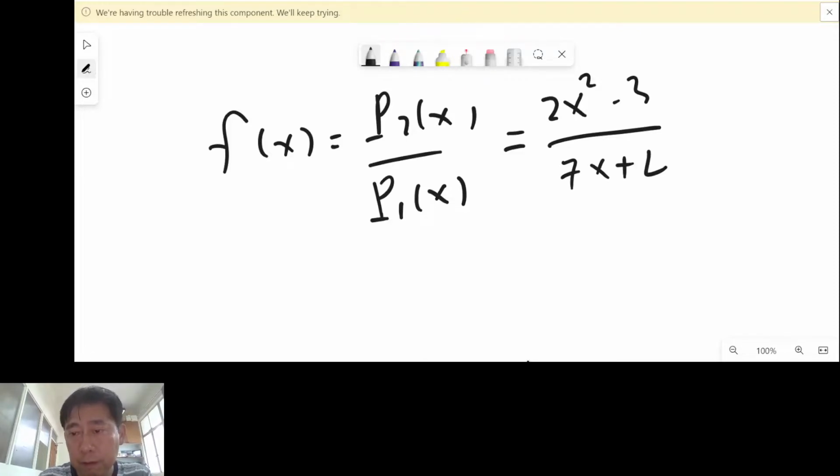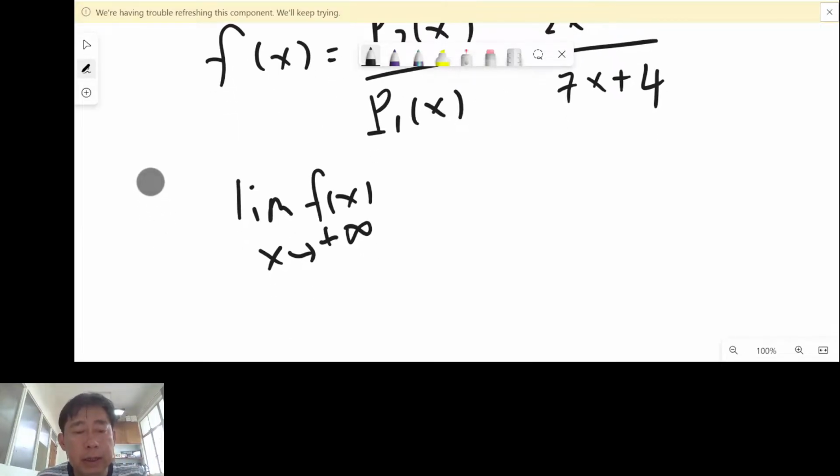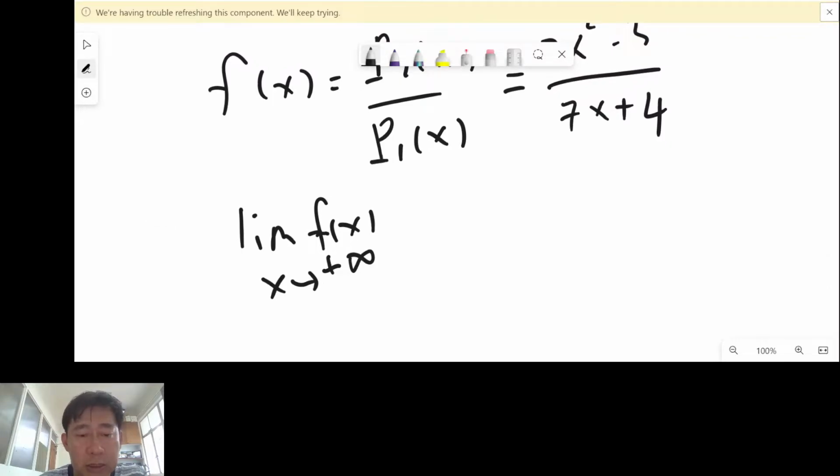We want to ask: what is the limit of the function when x tends towards plus or minus infinity? To be concrete, we first estimate the limit when x tends to positive infinity, but the same argument would also apply when x tends towards negative infinity.